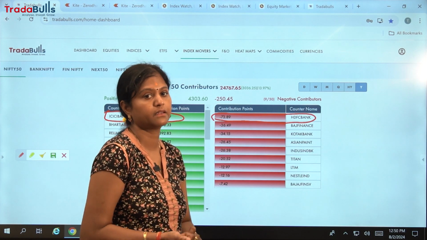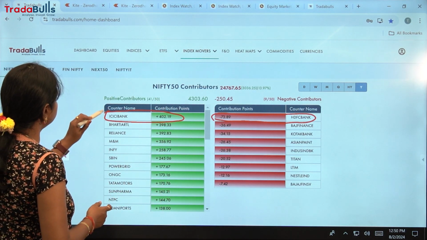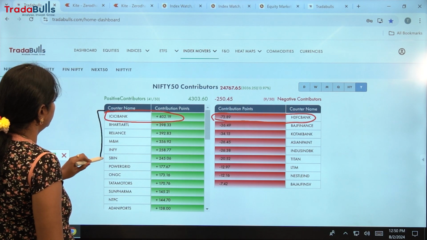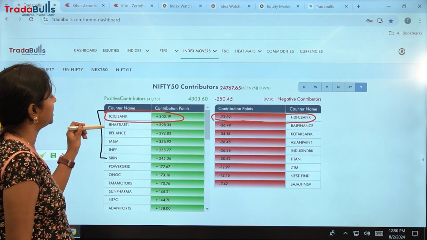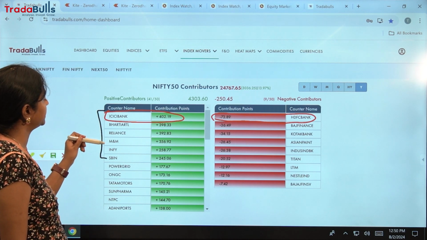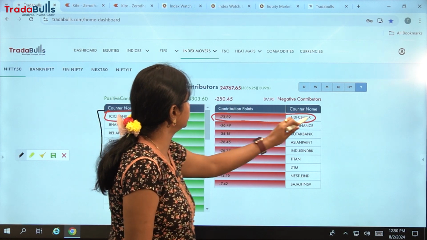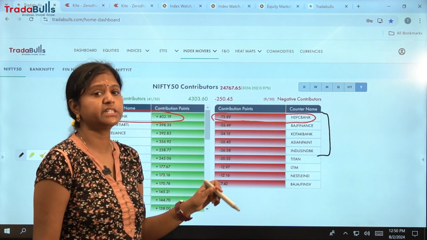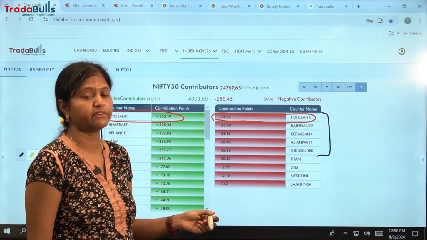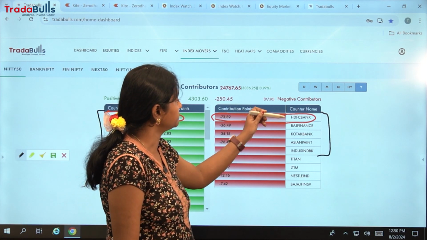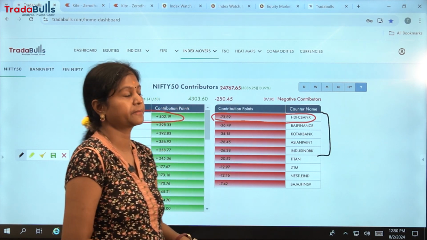The topmost yearly contributors are ICICI Bank, Bharti Airtel, Reliance, M&M. The negative contributors for the year, for these 7 months, are HDFC Bank, Bajaj Finance, Kotak Bank, Asian Paints, IndusInd Bank.